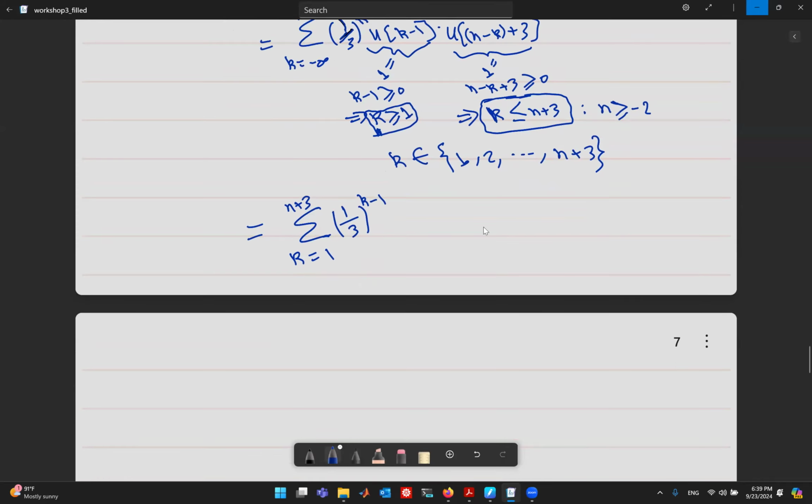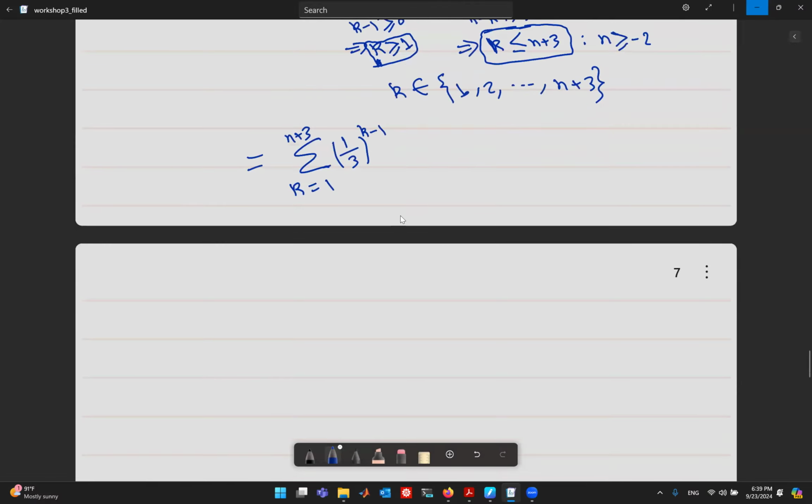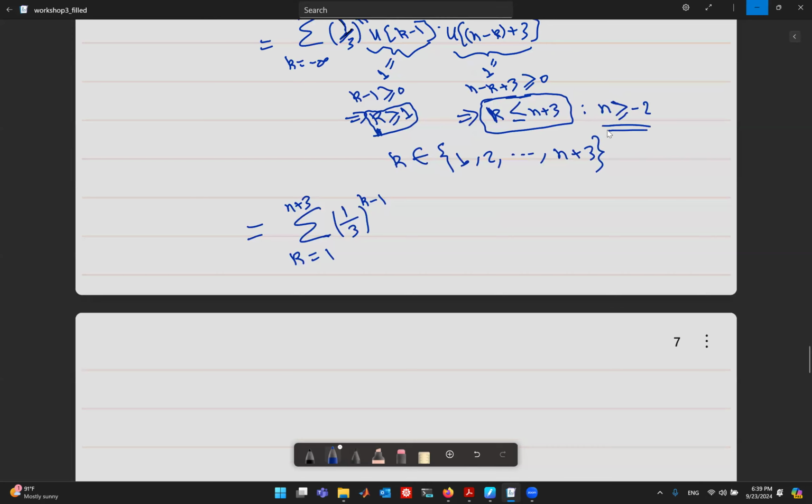So in order to find the value of this summation, we need to consider some ranges for n.